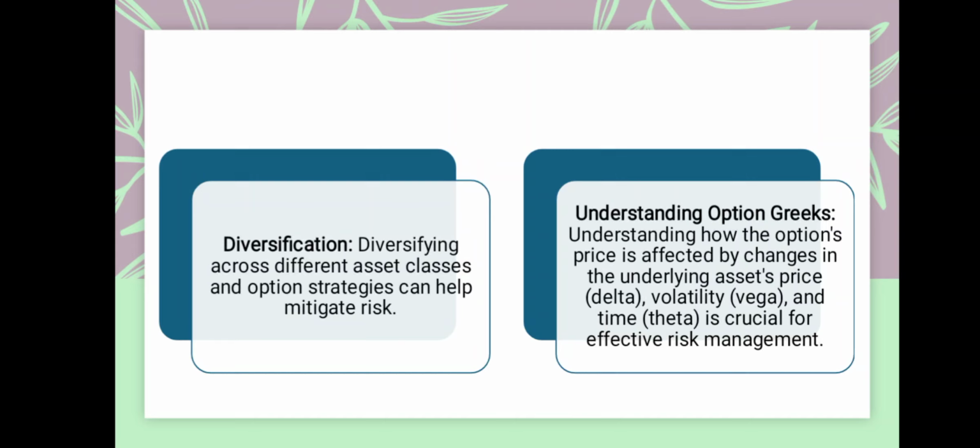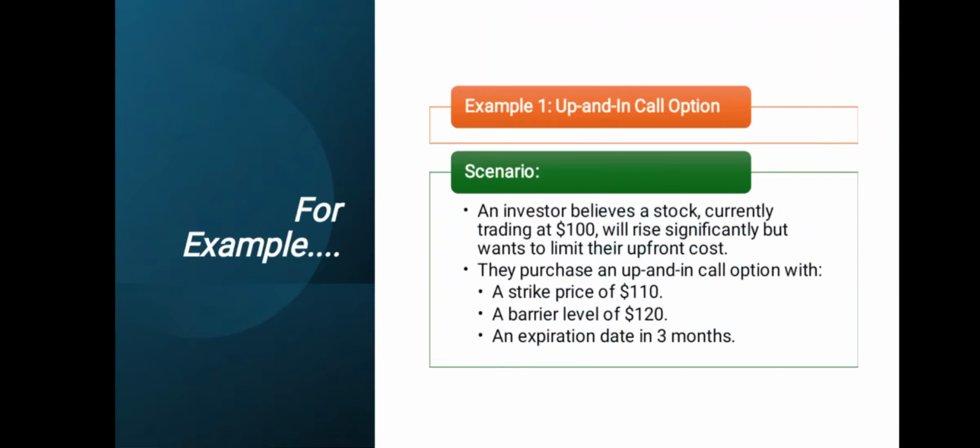So risk mitigation can be done through diversification. The last point is understanding option Greeks, which means how the option price is affected by the underlying asset: volatility, vega, price, delta, and time, theta. These three should be evaluated before purchasing or selling a barrier option.